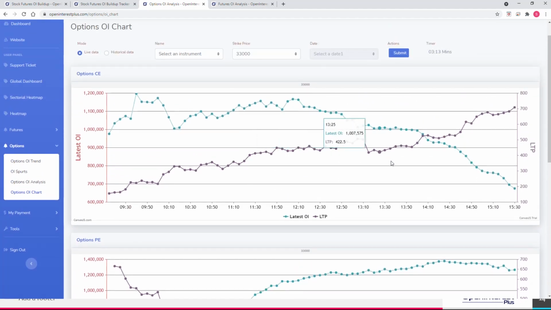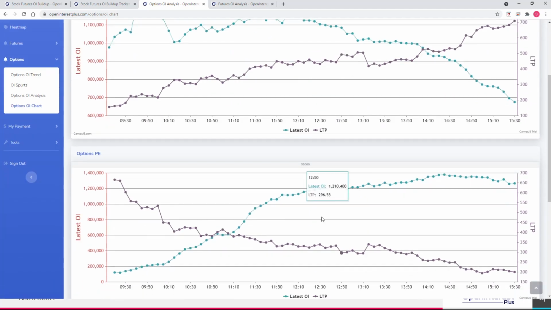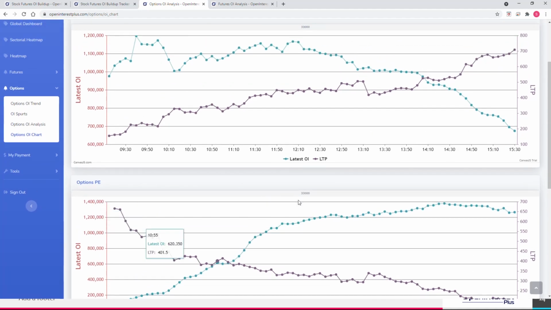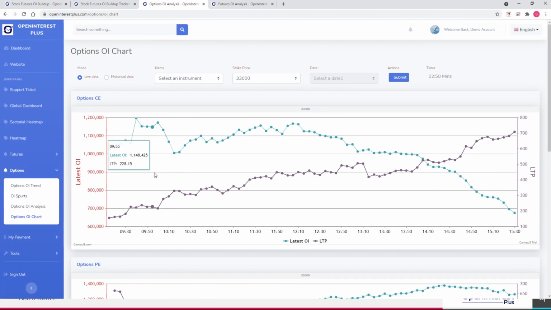If you wait for this crossover, which is called the golden crossover, you'll be able to identify strike rates and take a position on the long side or short side depending on which crossover is happening. If for example put is coming down and call is going up, then probably you'll have to enter on the put side. Alright, so this was the system, and I think I've covered everything.